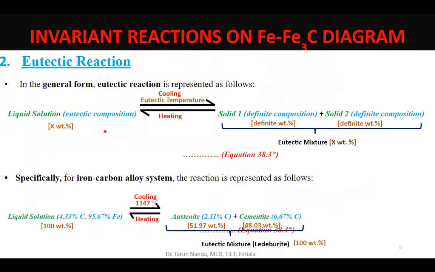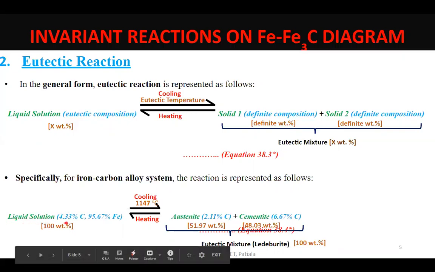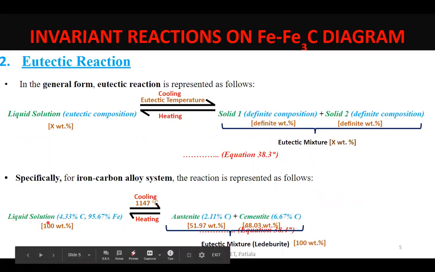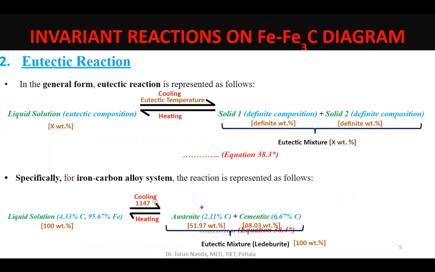Students, this is the eutectic reaction. We have discussed it several times now. Specifically, if we talk about iron carbon systems, when an iron carbon system is being cooled and it reaches the eutectic temperature of 1147 degrees centigrade, if this phase is present in an iron carbon alloy of this composition, then this entire liquid solution of iron and carbon via the eutectic reaction will transform to two new solids, one being austenite of maximum carbon solubility, that is 2.11 percentage carbon, and the other cementite, which is always of 6.67 percentage carbon.